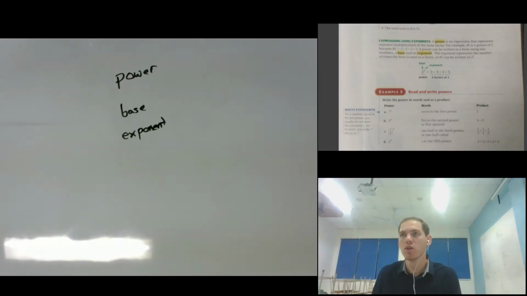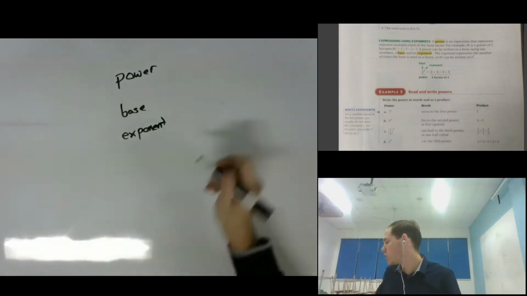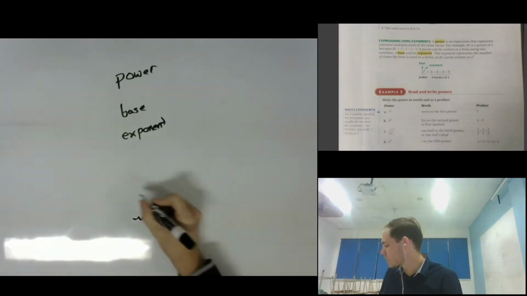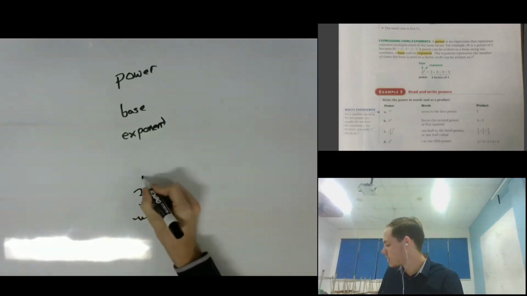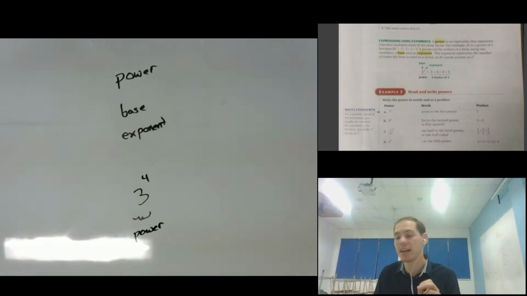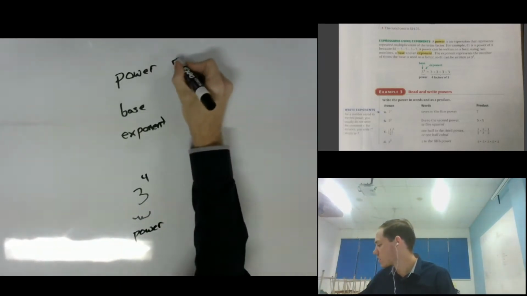Exponentials or powers show you that you're repeatedly multiplying by the same factor. A power is the entire expression. So think 3 to the 4. That's our power, okay? So it's repeated multiplication by the same factor.